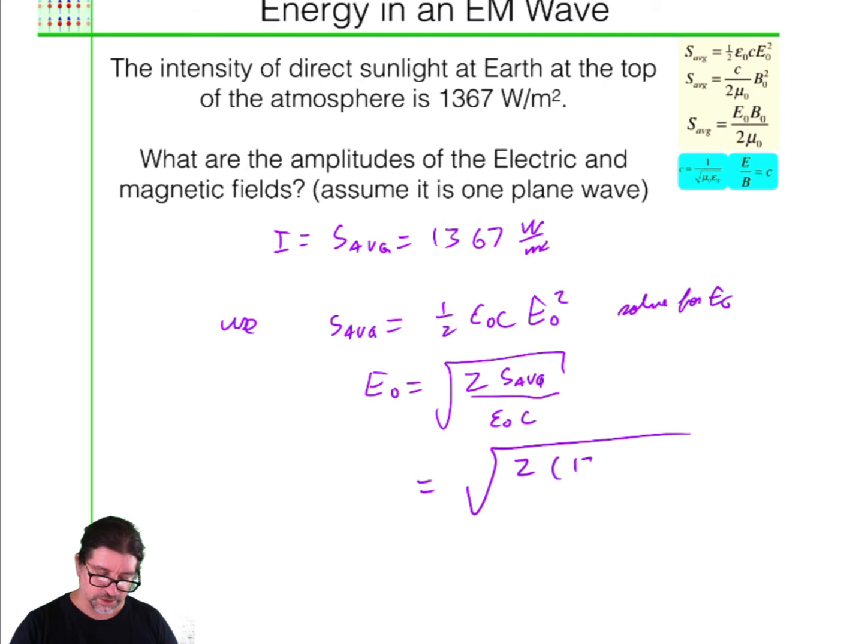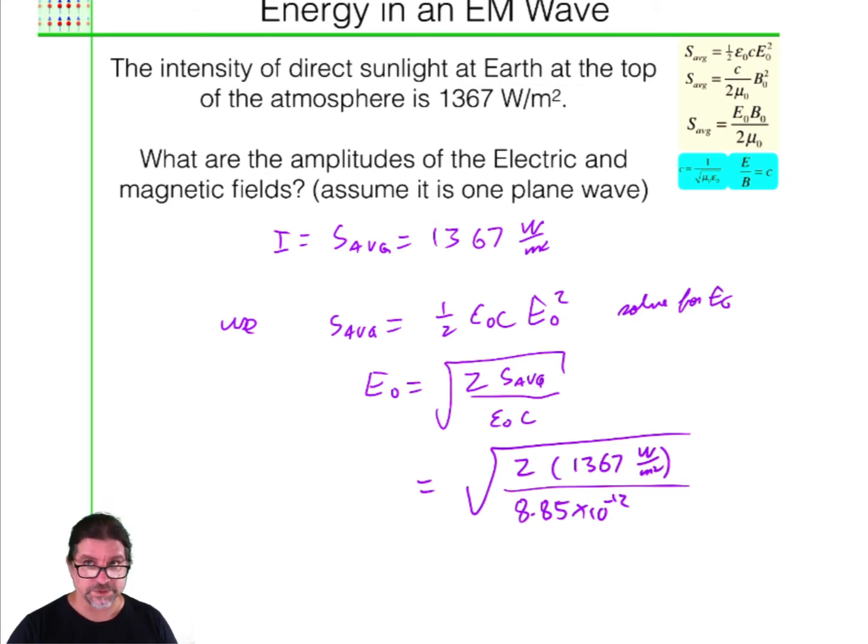So 2 times 13.67 watts per square meter divided by the permittivity of free space, which is approximately 8.85 times 10 to the minus 12, with units of meter squared per newton coulomb squared. I believe I got that right. If I got that wrong, it's not the end of the world. You can look it up. And the speed of light, 3 times 10 to the 8 meters per second.